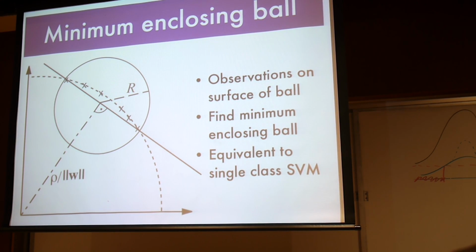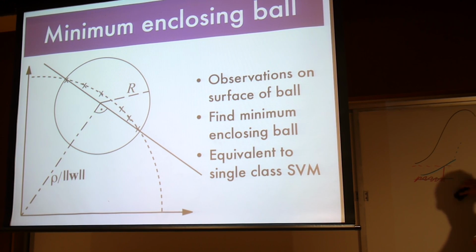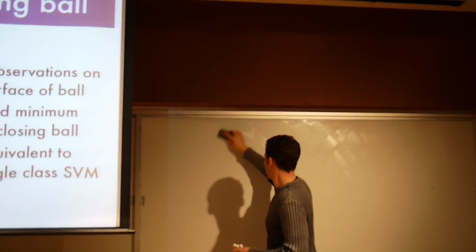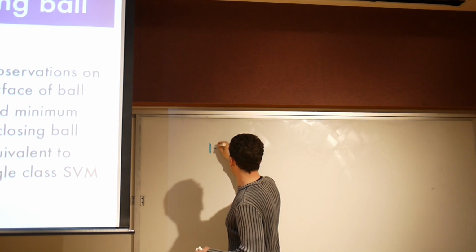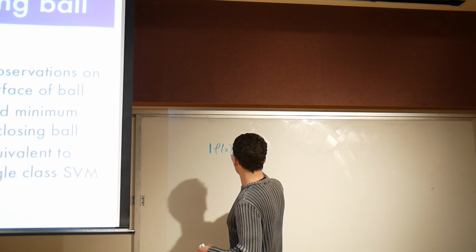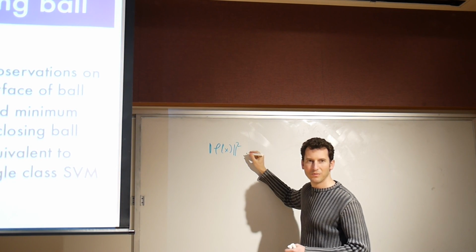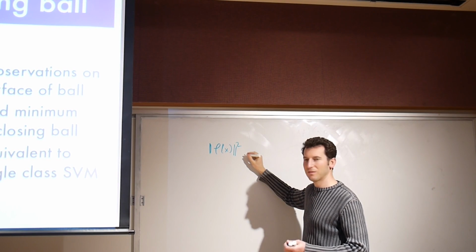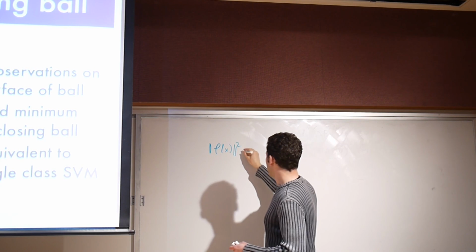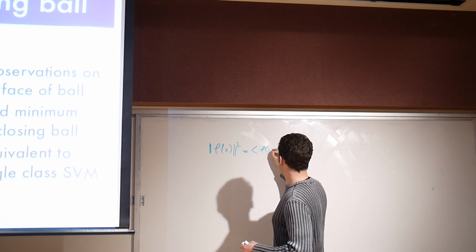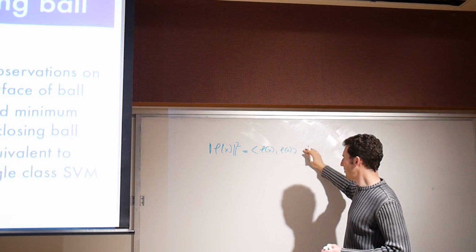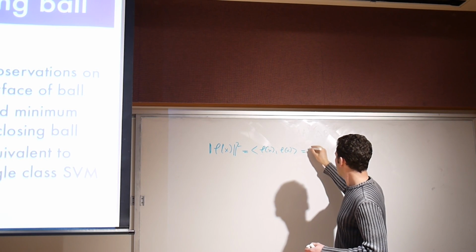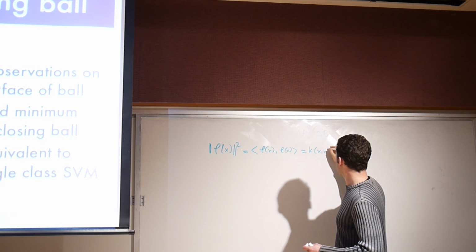It's a very simple thing you can do. The length of a vector phi of x, I just square this term. That's the length squared. Now that is nothing else than the inner product between phi of x and phi of x. And I know what that is. That's my kernel, k of x and x.